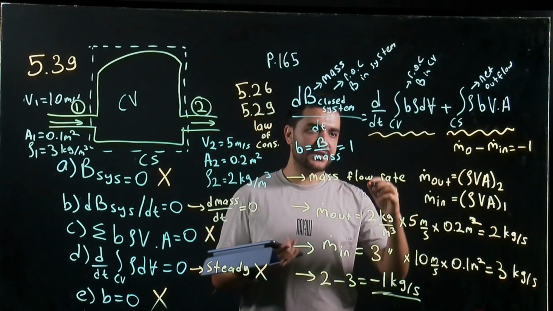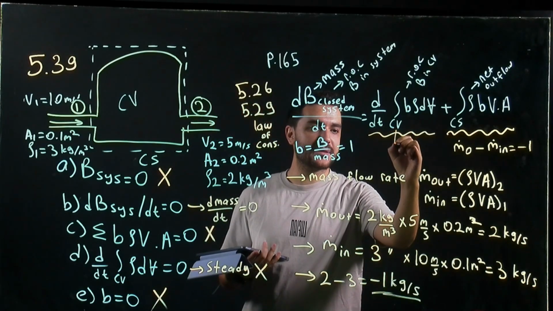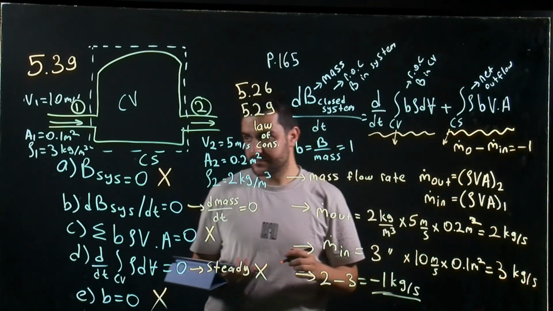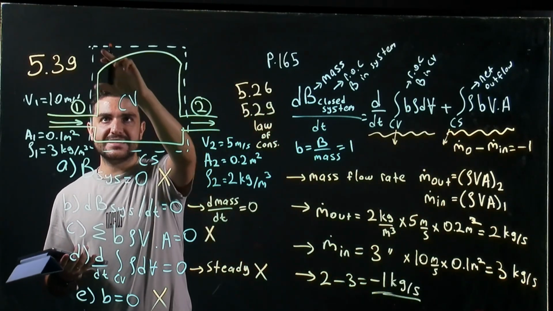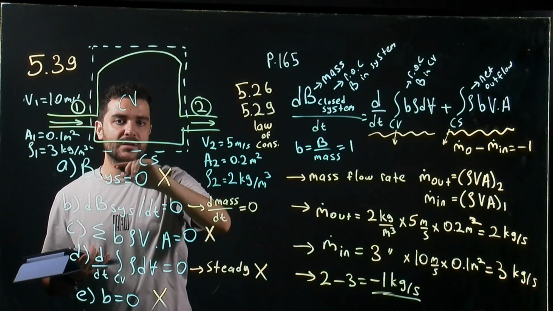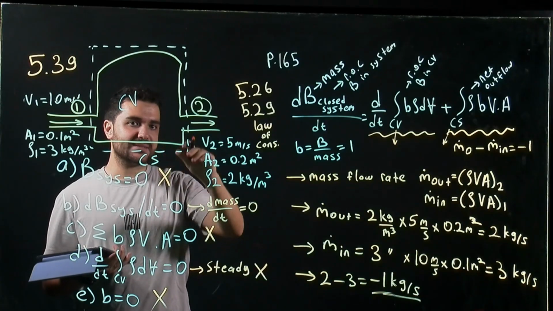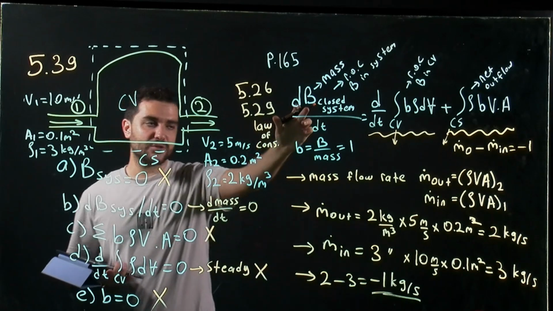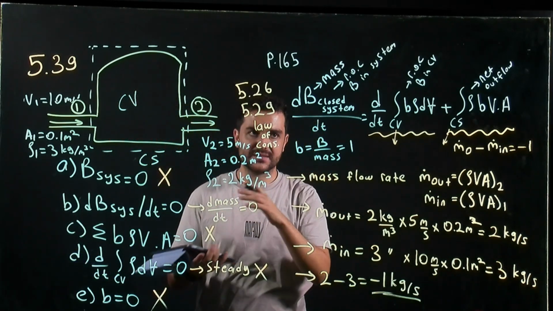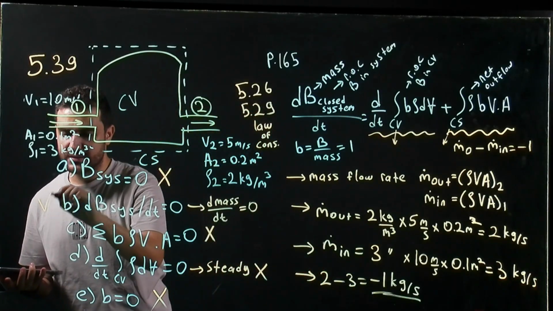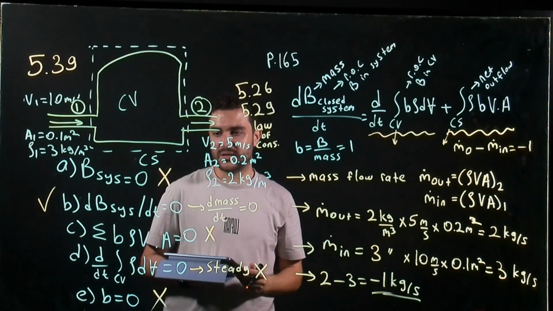But the critical point is these are happening in the control volume and through the control surface. So it is only affecting this control volume. So we have a change of mass within the control volume, but since this is a closed system, the mass will be constant. Therefore, we are saying that this is the only correct statement.